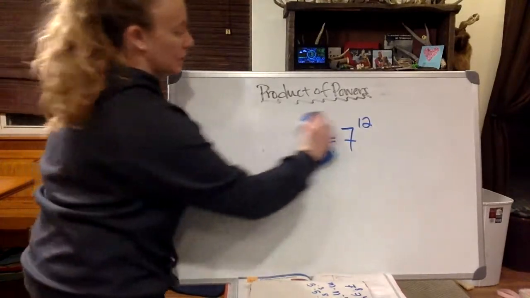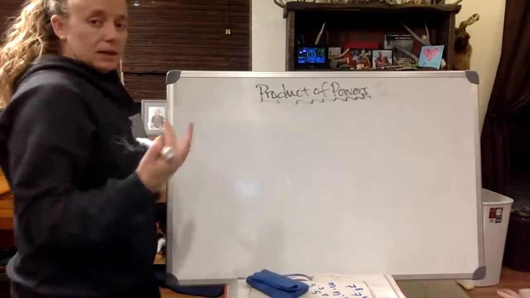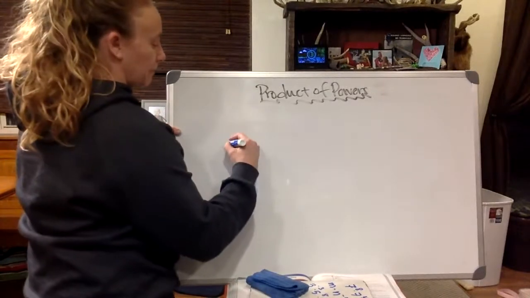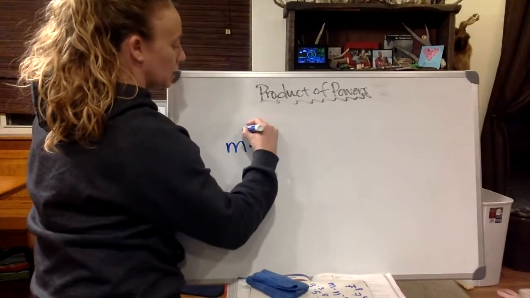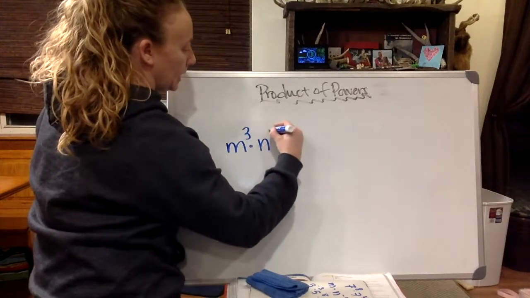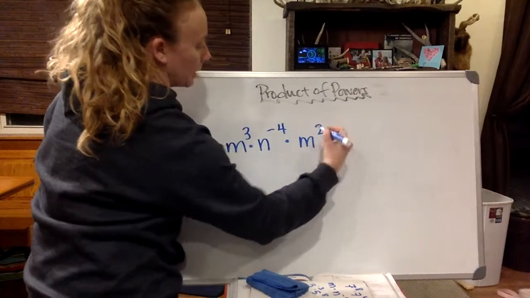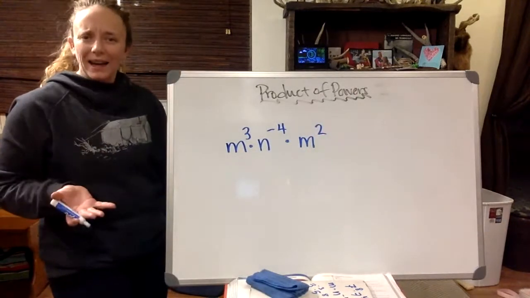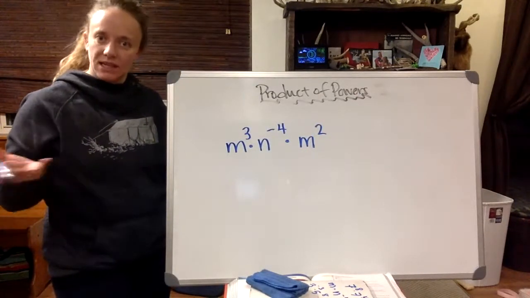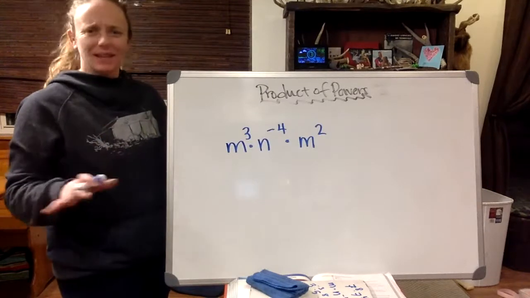Now I'm going to up the ante by adding in some other exponents. This time, I have m to the 3rd power times n to the negative 4th power times m to the 2nd power. I now don't have a base that's a number. Does that matter? No, it doesn't at all.